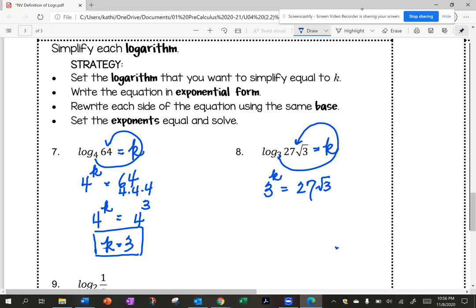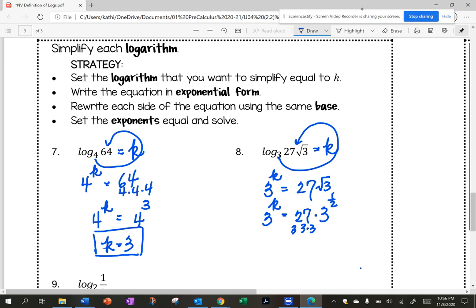So I can rewrite this as 3 to the k equals 27 times 3 to the 1/2 power. The square root is the 1/2 power. And I also know 27 is 3 times 3 times 3. So I can rewrite this because I have 3 times 3 times 3 times 3 to the 1/2 power.